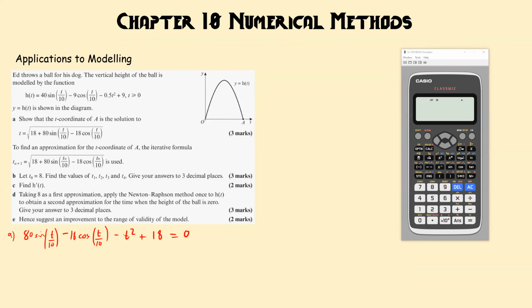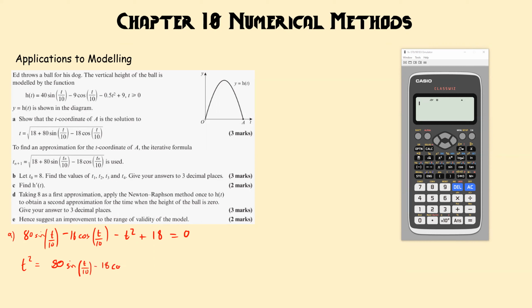Next up, I'm going to take my t squareds across to this side. I think, actually, let's just double check. Yeah, I want the 18. Yeah, I'm just going to take t squared across from here and then just square root. So I get t squared equals 80 sine. I'm not going to keep writing this out, so I'm going to do it once and then add the square root sign in.